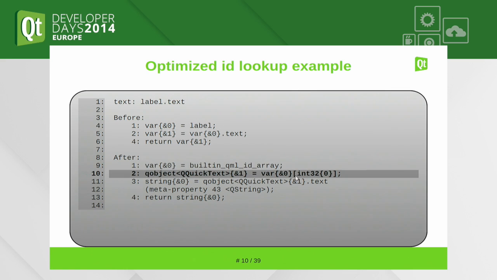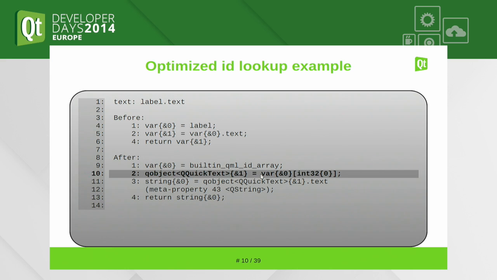This looks like an array access, right? There's a lot of curly braces, but the square brackets, this is the array access, and that's where we get the index 0 out of it. And because we look at these things now at compile time, we know that what's coming out of this array is not just an arbitrary object of any type. No, we know it is a QQuickText.